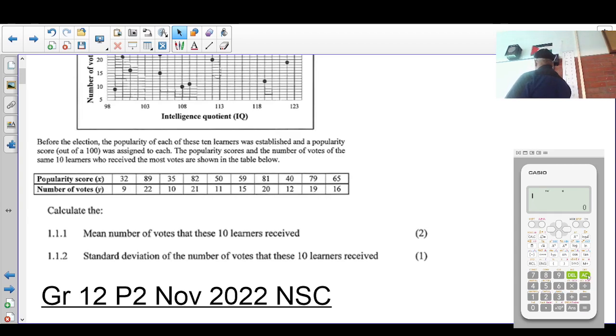Then AC, all clear. Shift, number 1, 4 for variance, 2 for mean. The mean is 15.5. Okay.